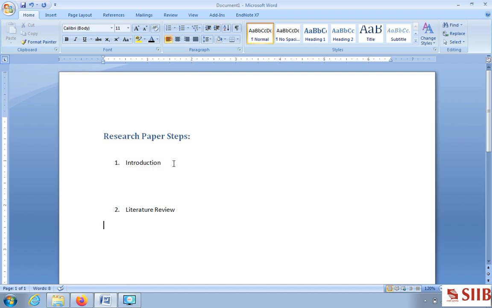In these two steps, before one can write about the introduction about the topic, literally one has to go through different research articles through different databases and frame their own ideas about the topic. So in fact, literature review, though it is written as second step, it is actually the first step to be followed to write something about any topic or research area or any particular interest of your own, right?